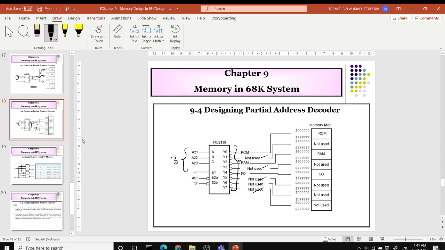So that's the difference between full address decoder scheme and partial address decoder scheme.